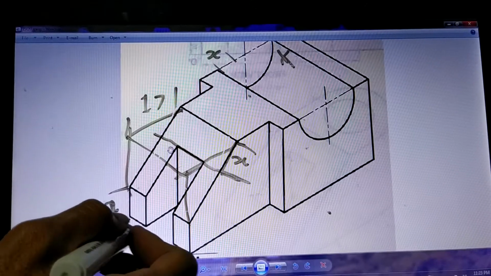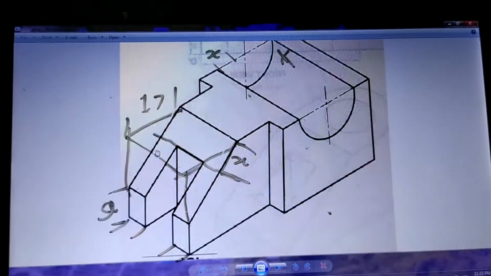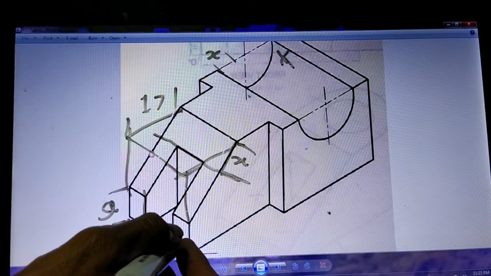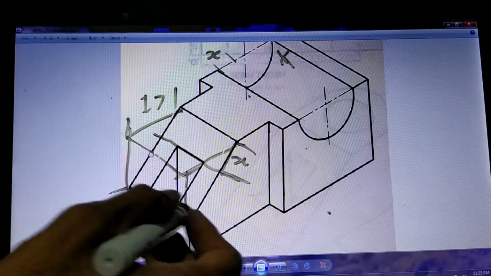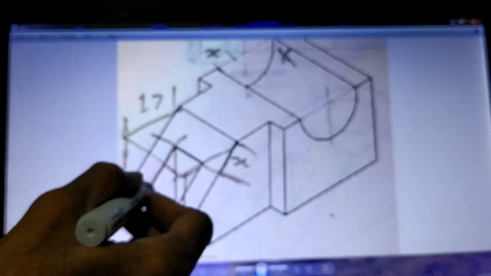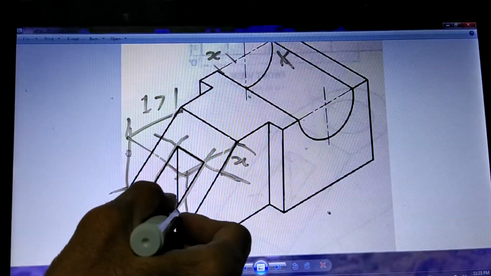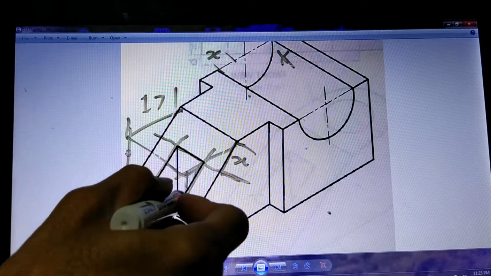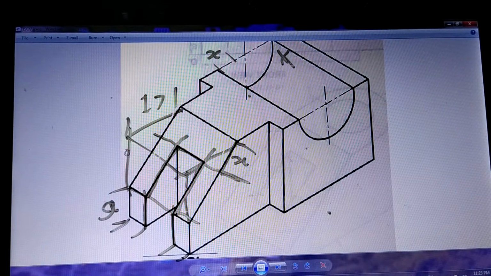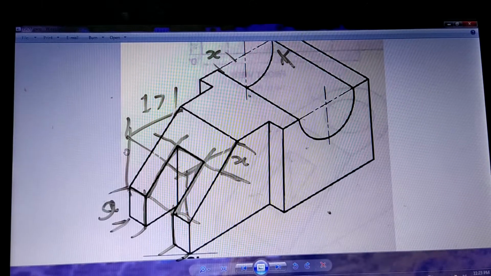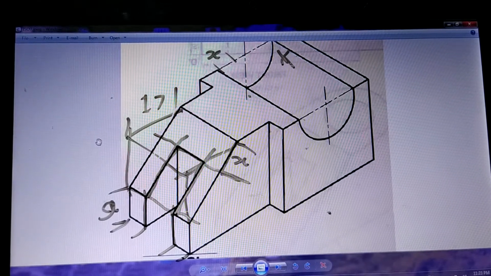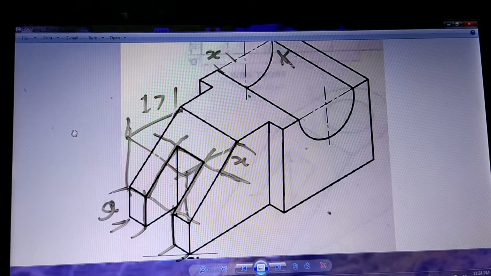So that distance we now take on this side and draw this line vertical where it touches this line coming from 9, and once you get this point, then you draw the inclined line, so that you will be able to realize the shape of this cutout. So you have to make use of some imagination and some common sense. A combination of all these things together will give you the necessary result.